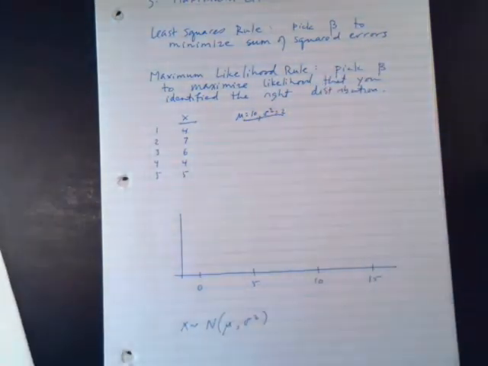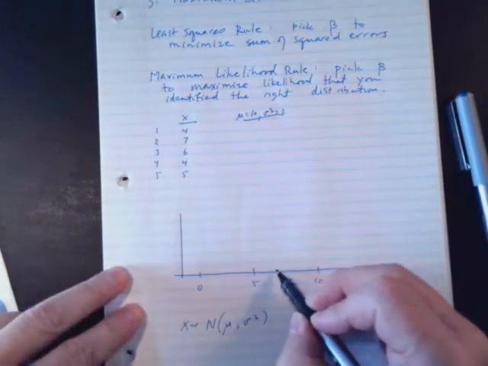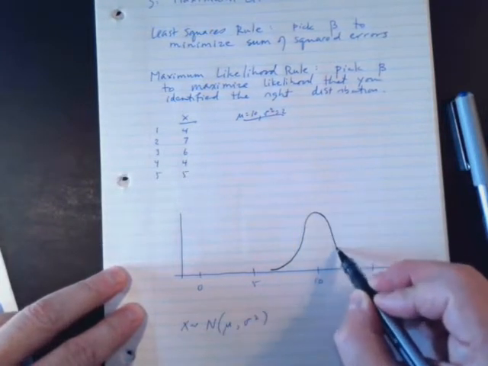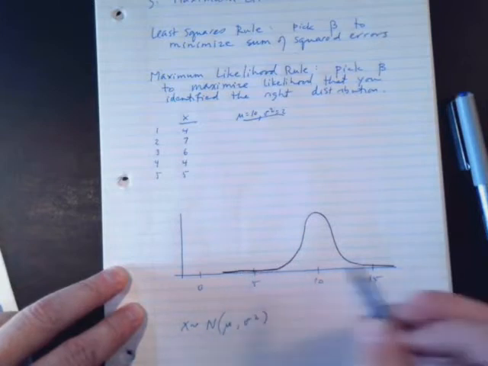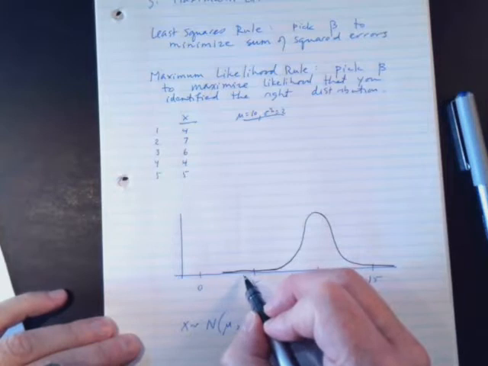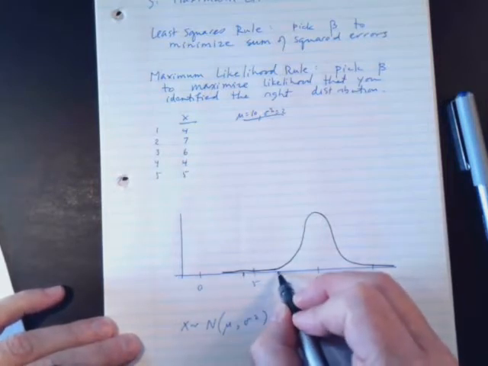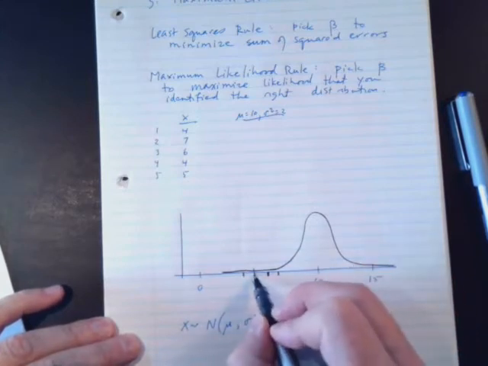Well, that is going to be a distribution that looks something like this. And now our sample is, so we've got 4, and we've got 7, and we've got 6, and we got another 4, and we have a 5.